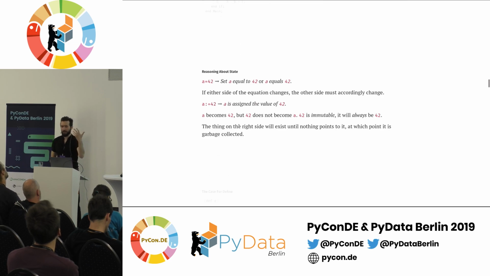And then when we read this, for example, and we think about what state is held in A, we can read this particular statement as set A equal to 42 or A equals 42.